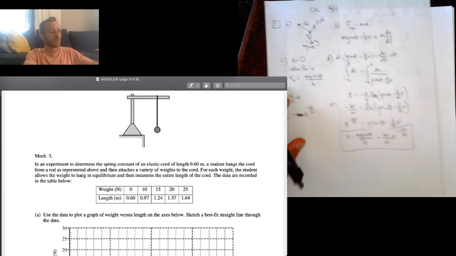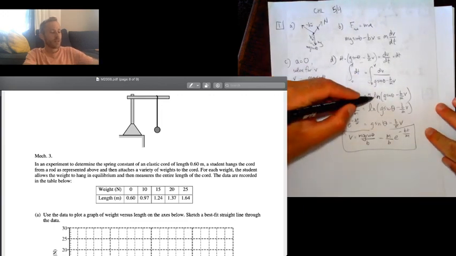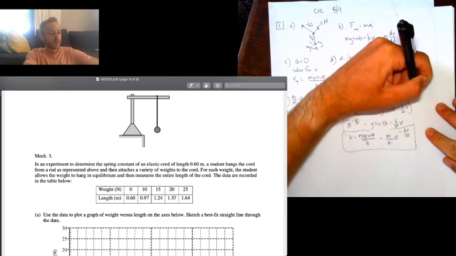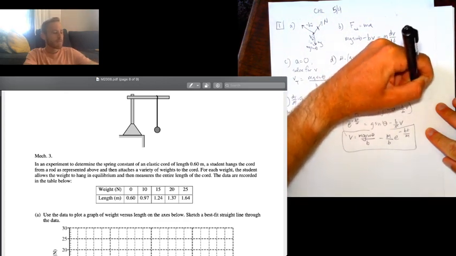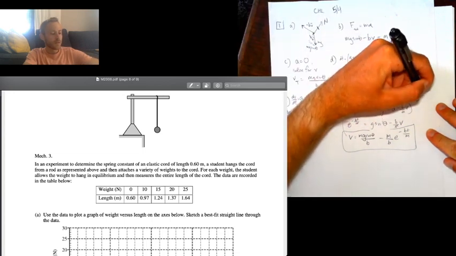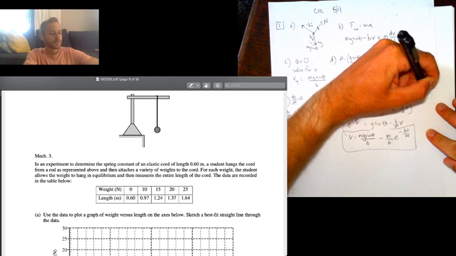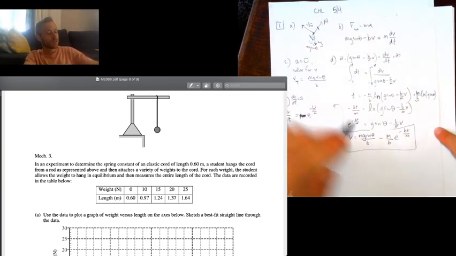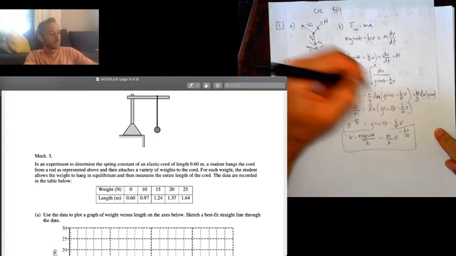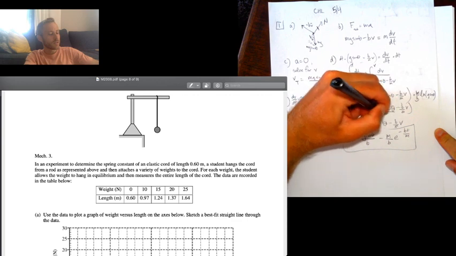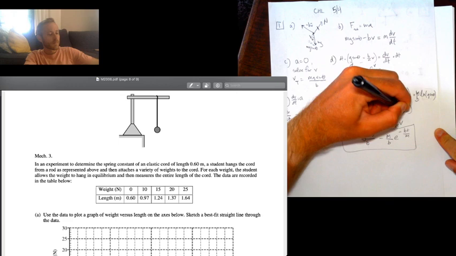Okay, so this should be that plus m over b natural log of g sine theta. So then this gets divided by g sine theta.